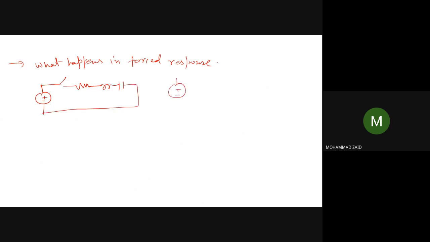You have a parallel R, L, and C circuit. This is R, this is L, and this is C, and you have a source also. That means there is a forced response with V in, or you can also take a current source here, I in, and similarly for the other circuit you can assume a different source.